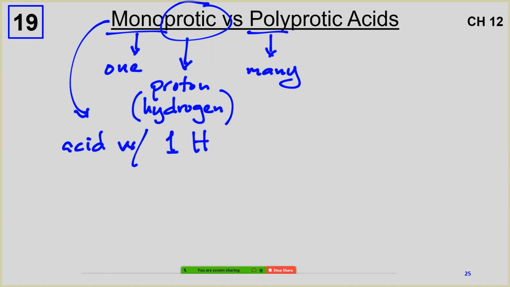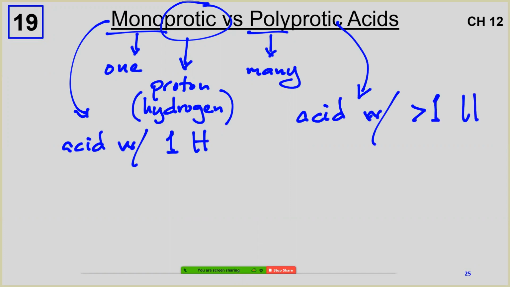And polyprotic is an acid with more than 1 hydrogen. Now let's take a look at a few examples. For monoprotic, we have binary acids like HCl, hydrochloric, HBr, HI, hydrofluoric.